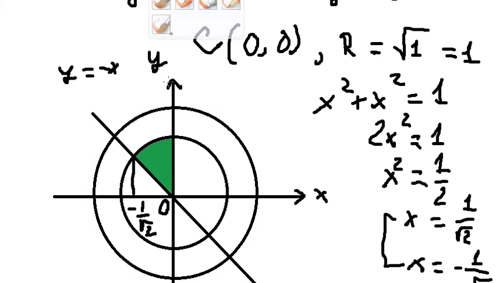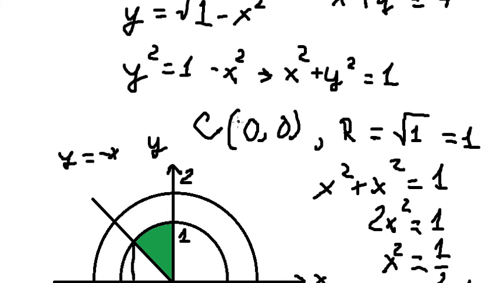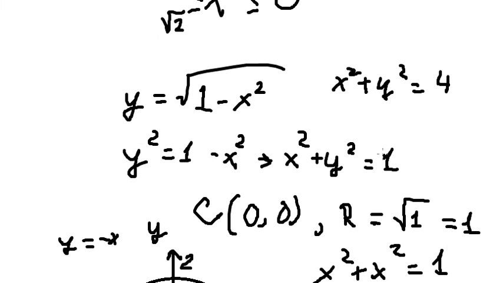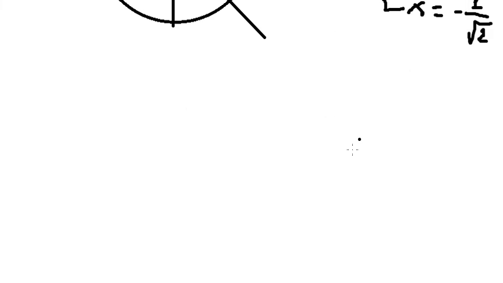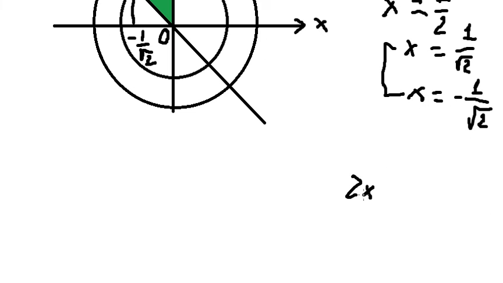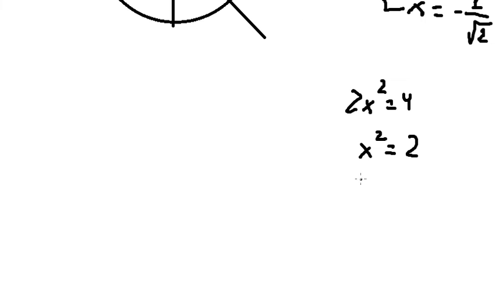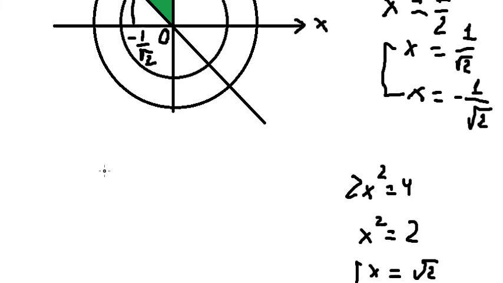So the first one is the circle with radius 1 in here. The second one is the circle with radius 2. If I put negative x in here, we have 2x squared equals 4, so x squared equals 2. So we have two solutions: x equals the square root of 2, and x equals negative the square root of 2.